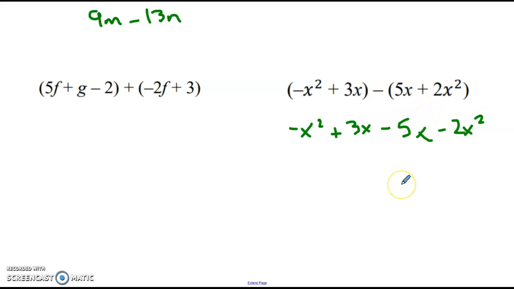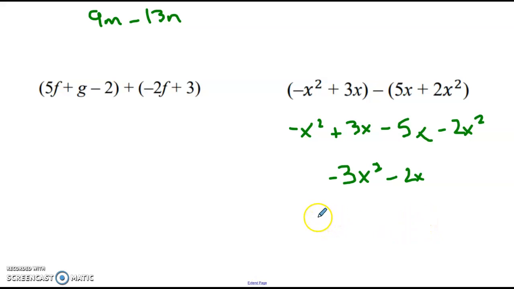And now we combine our like terms and we write it in standard form. So my negative x squared is going to combine with my negative 2x squared to give me negative 3x squared. And then I have my 3x minus 5x to give us negative 2x. So our final answer is just negative 3x squared minus 2x.